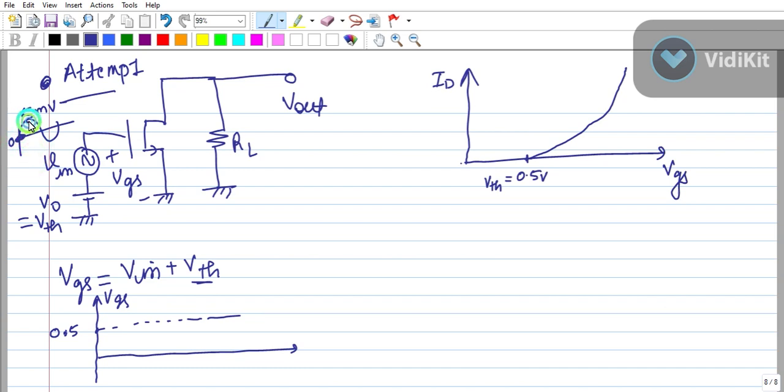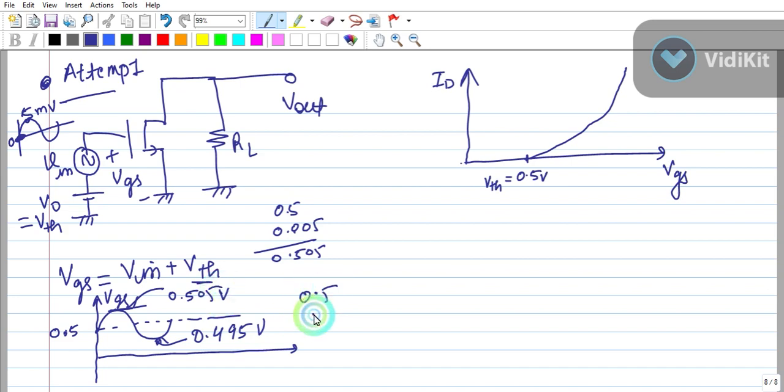And this point will shift to 0.5 plus 0.005, so 0.505 somewhere here, and the lower point will be 0.5 minus 0.005, so it will be 0.495 volt.